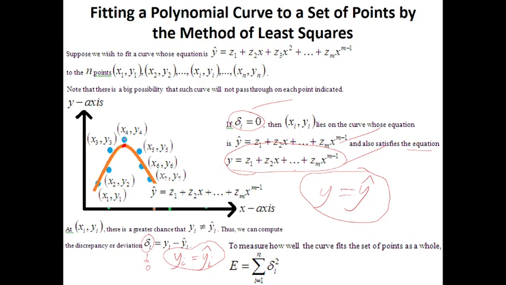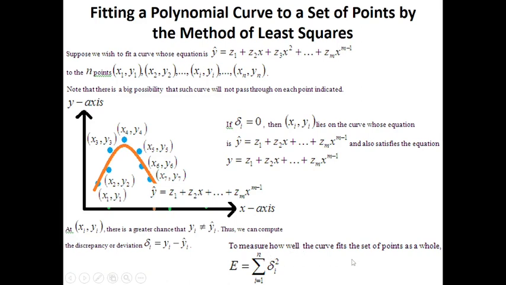Sa point na to, kapag 0 yung deviation. Okay? Totoo na yung statement na to. Consider yung ibang points, pwedeng totoo yan o pwede rin hindi, yung statement na nakasulat na yan. Okay? Alright, so let's move on.